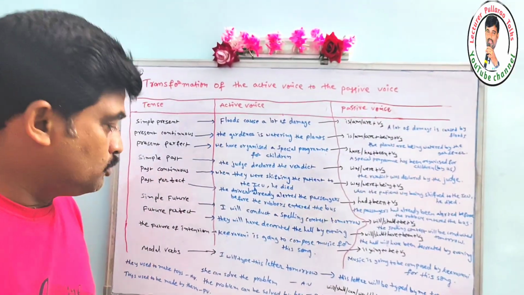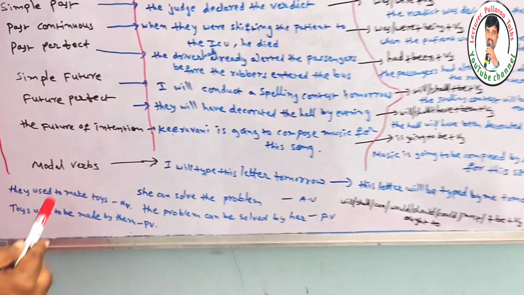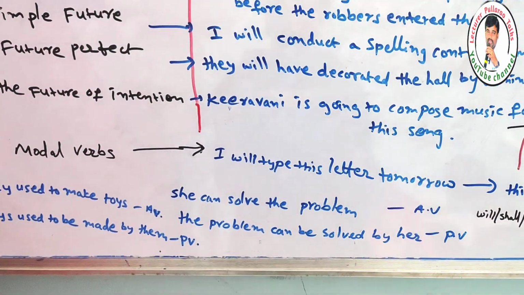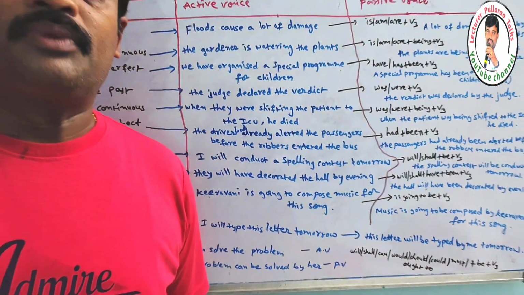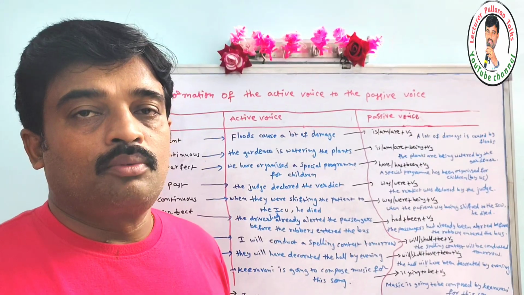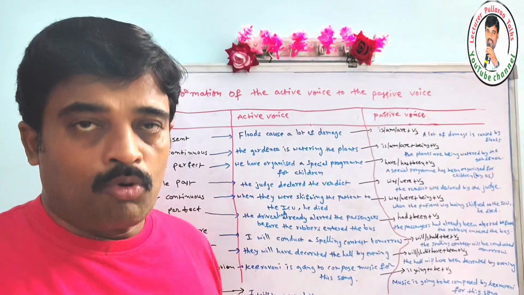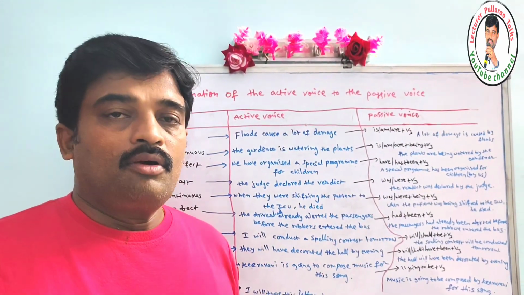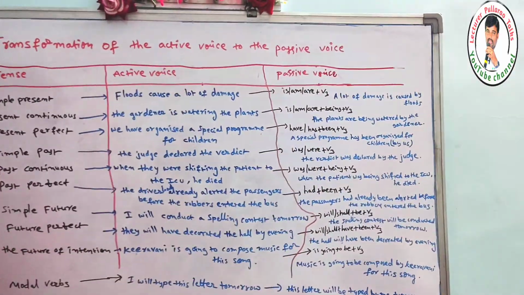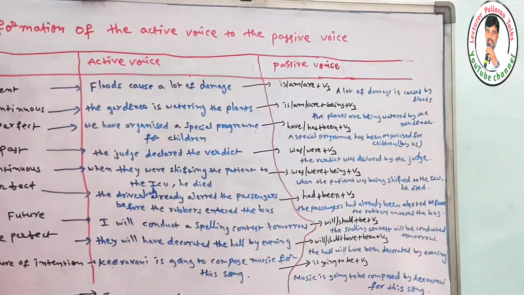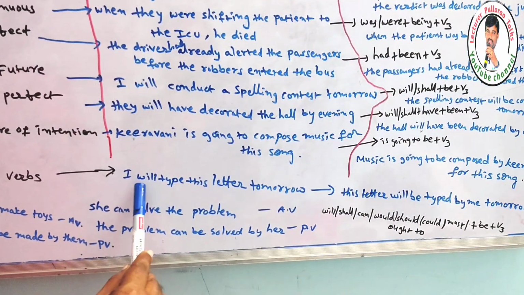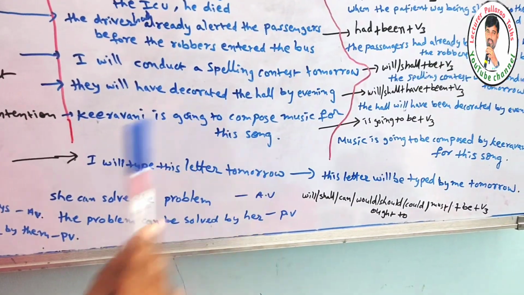Now let's move to the next one, modal verbs. So what are modal verbs? Modal verbs are like can, could, shall, should, will, would, must, ought to, used to. By using these modal verbs also, we change from active voice to passive voice. I will give you an example. I will type this letter tomorrow.